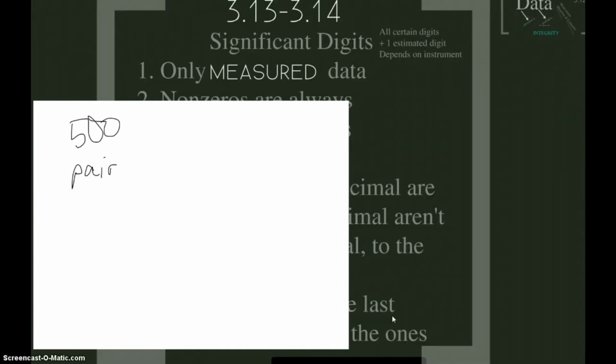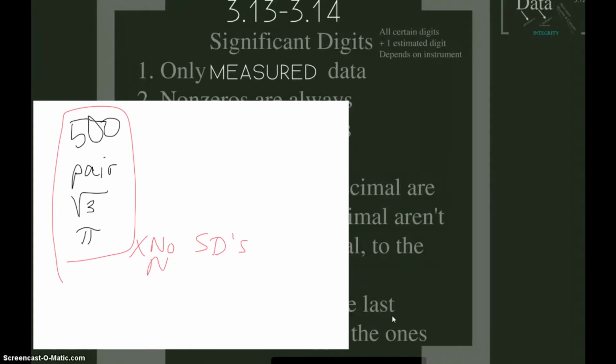It's exactly precise. There's nothing to do with significant digits there. Other numbers, for example, a square root or a constant like pi, no significant digits, no SDs, because they are not measured.